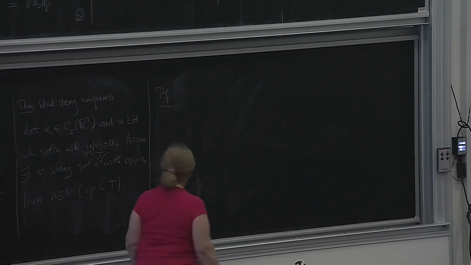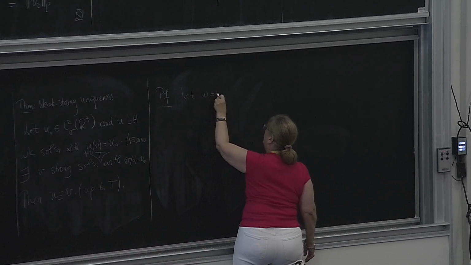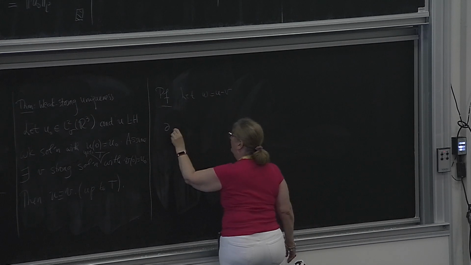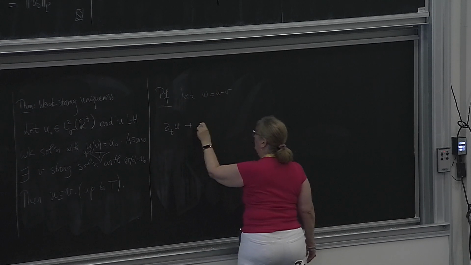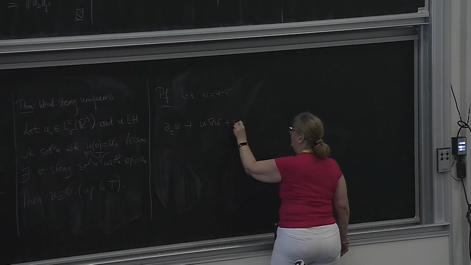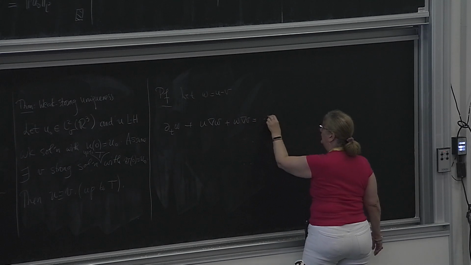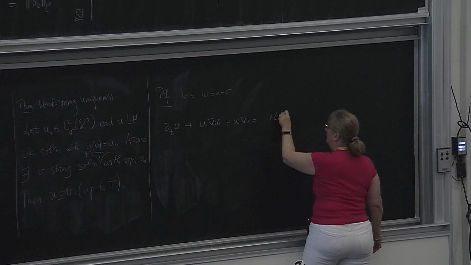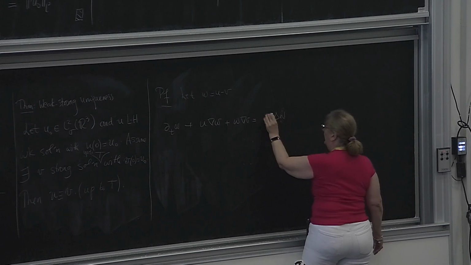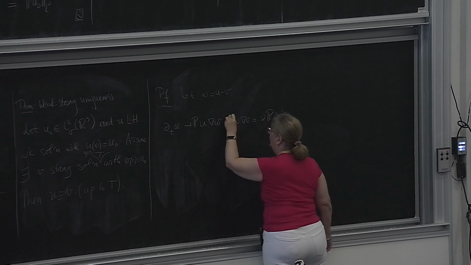So again, let w be u minus v, and remember that we have the PDE for w is this. And I want to put p's here because I don't want to have to deal with the pressure.